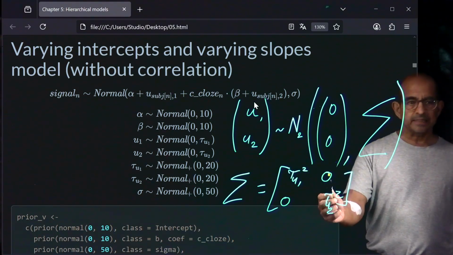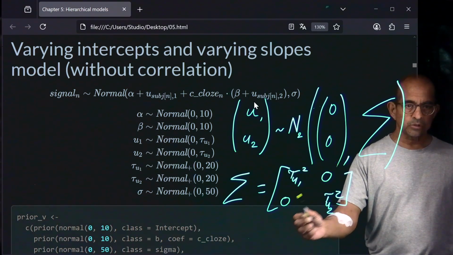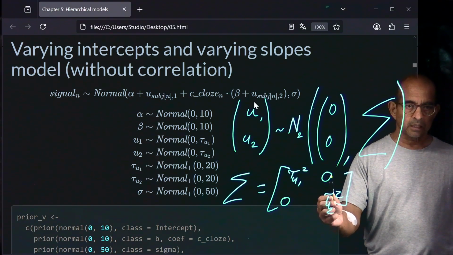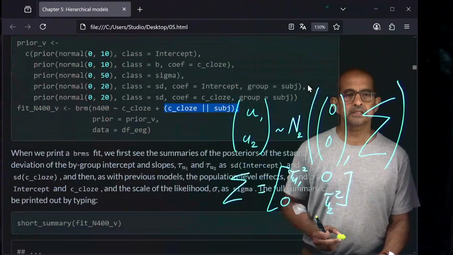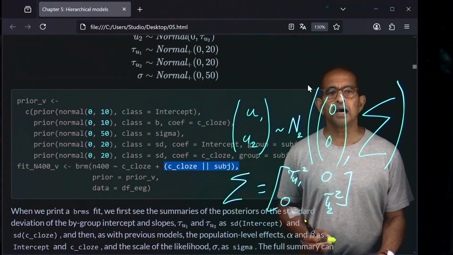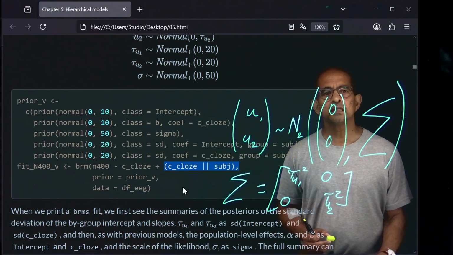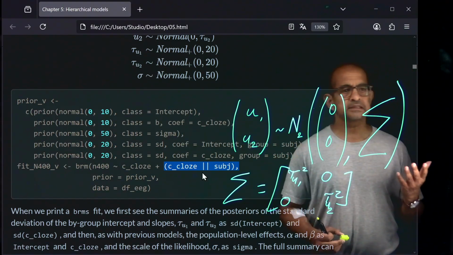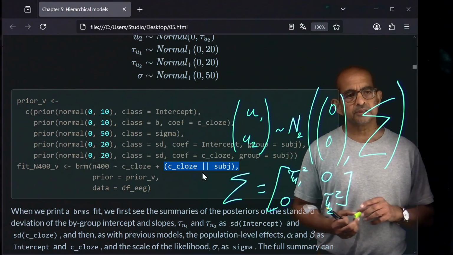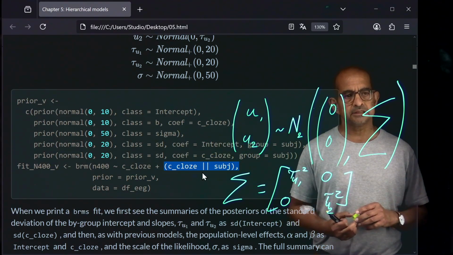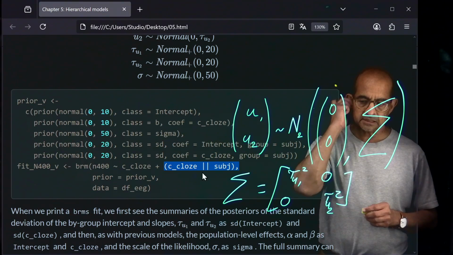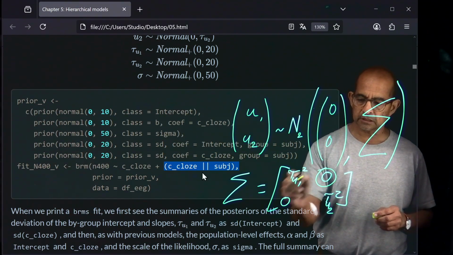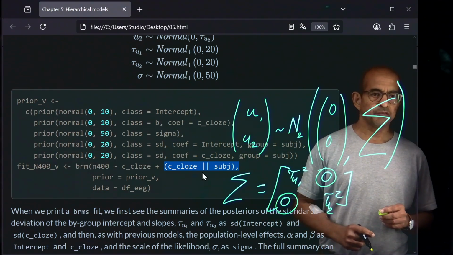So the fact that I'm assuming zero correlation between the two random variables u1 and u2 is being expressed in the R syntax with this double vertical bar here. It's a very weird syntax, I admit, but it's convenient. As long as you know what it means, it's easy to understand what it's telling you here. So the double vertical bar syntax assumes zero correlation between the random variables.